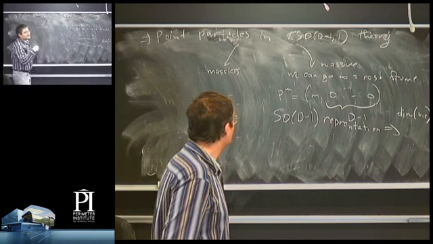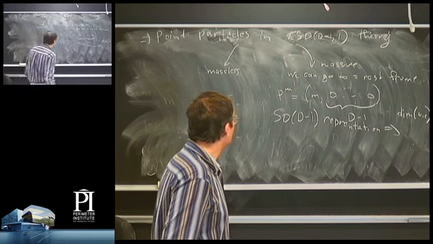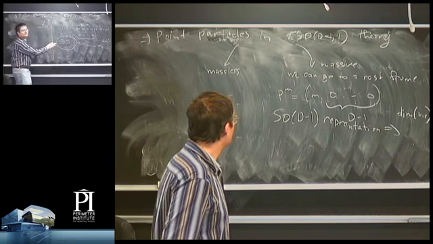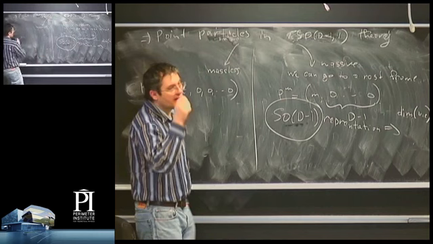Of course, you can construct more complicated states in a higher dimensional representation of your Lorentz algebra. But the important point is that the number of states, the degeneracy of the spectrum of the particle, will always coincide with the dimension of the irreducible representation. Is that clear?